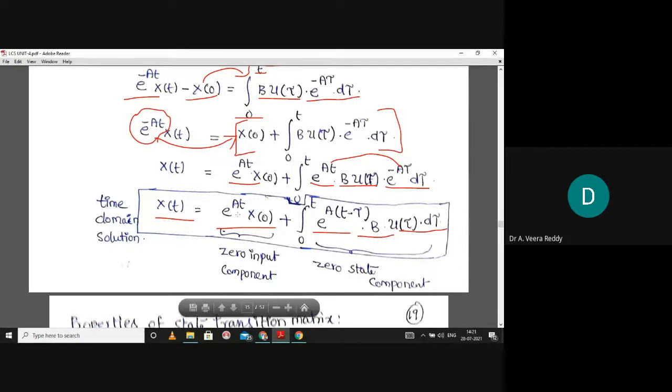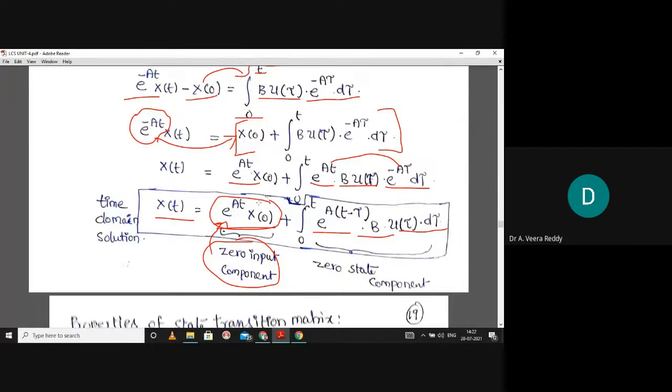X of t equals e power At x of 0 plus integral 0 to t e power A(t minus tau) Bu of tau d tau. So this is a zero input component. Here there is no input, it is state terminology. So this is the zero input component, and you can observe that.